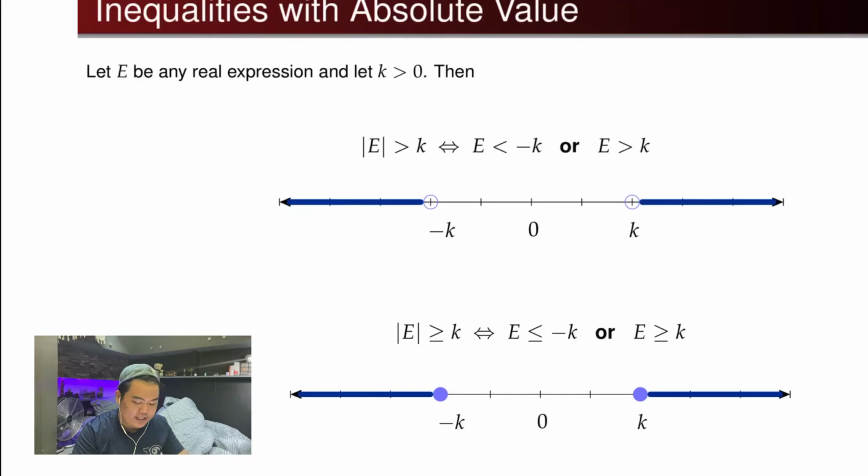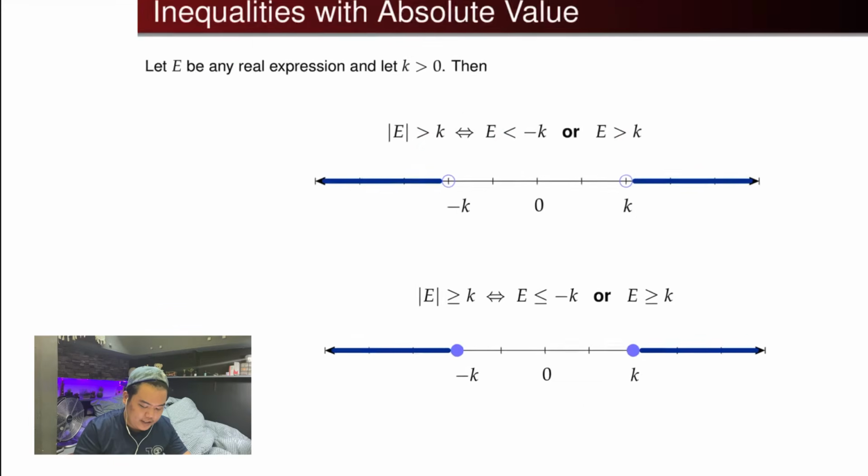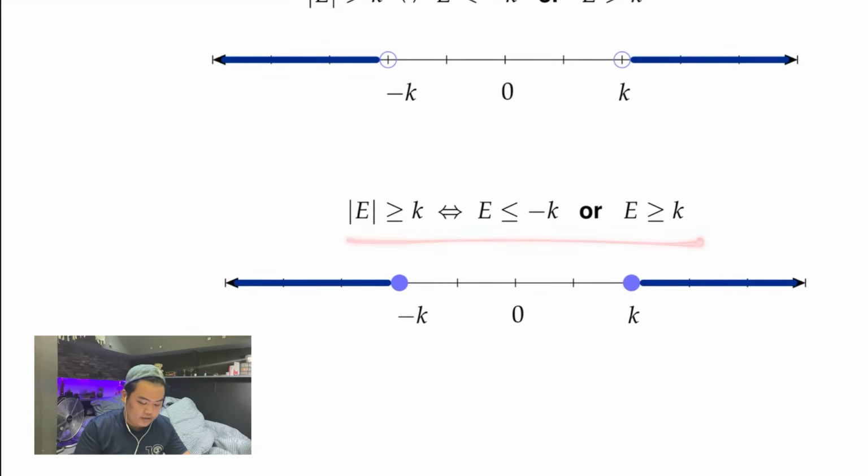Or geometrically, yung e mo is somewhere in here or here. Ito means andito siya. Ito means andito siya. At pagsasamahin mo yon. At kapag may bar dito, lalagyan mo lahat yan ng bar.